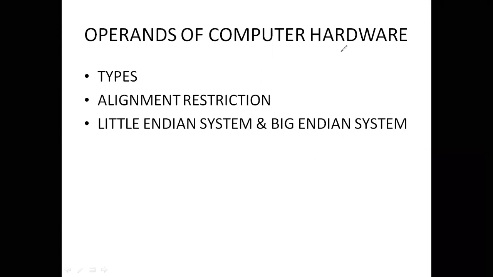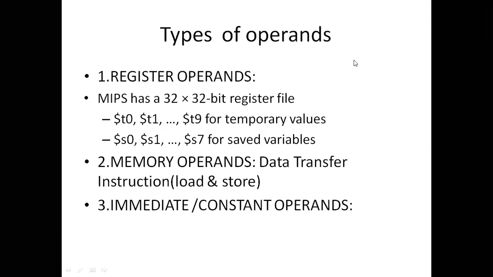Take the first one, types of operand. In this types of operands, we have three types. First one is register operands, second one is memory operands, third one is immediate or constant operands. Register operands means all the operands or the register means register operands. Usually the register has the 32-bit in length.